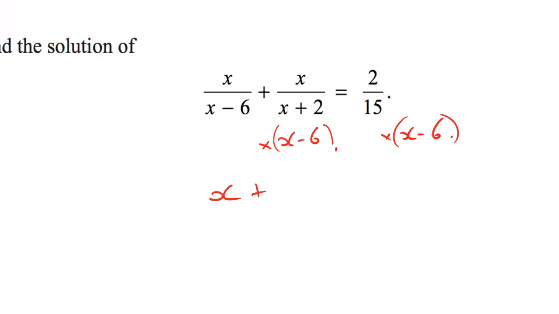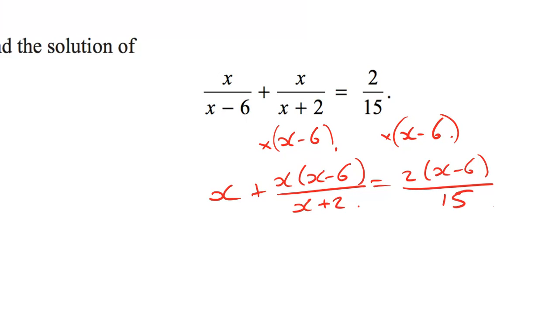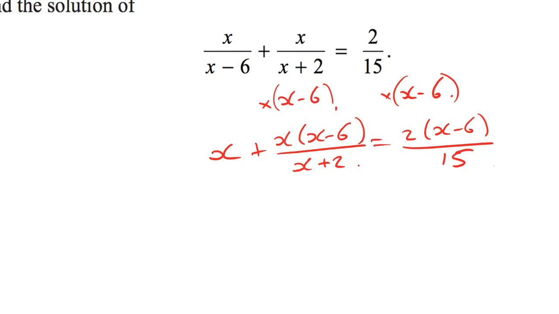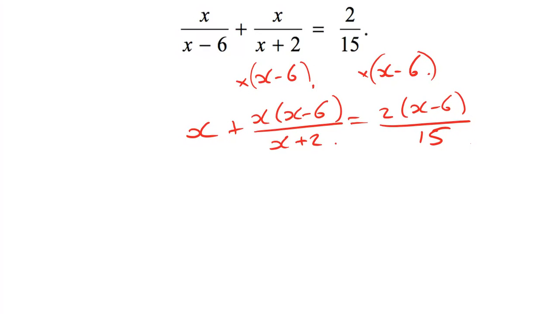On the next fraction, let's just write it as x bracket x minus 6 all over x plus 2. Remember, when we multiply a number or a fraction by an expression, it multiplies the numerator. And then on that right-hand side, we'll have two lots of x minus 6 all over 15. So that's our first step, multiplying both sides by x minus 6. And that's removed one of the fractions.